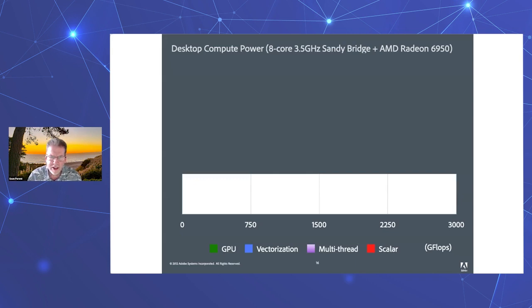The other thing that I think developers don't think about a lot is how much GPUs and increasingly ML units change the performance landscape on desktops. This is an old chart now.